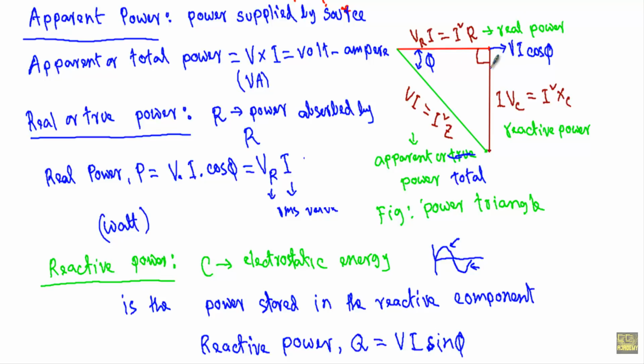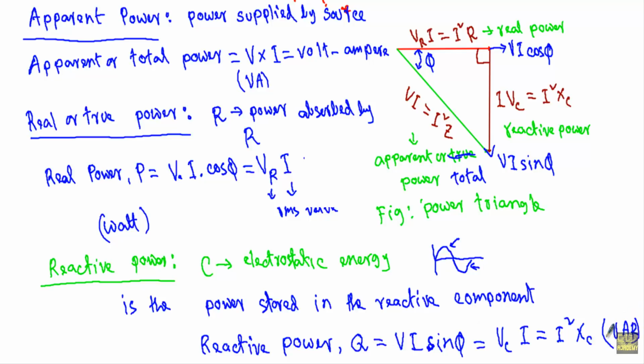See, this will indicate the VI sine component of the apparent power VI, or here VC I or I square XC. This VC I or I square XC will be an RMS quantity. The unit of this reactive power will be var.